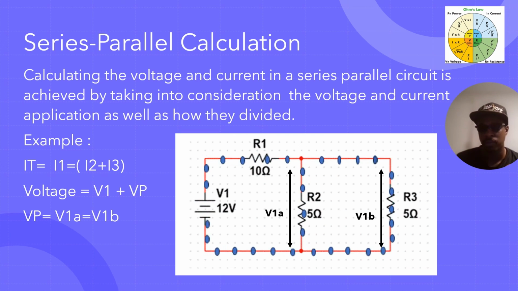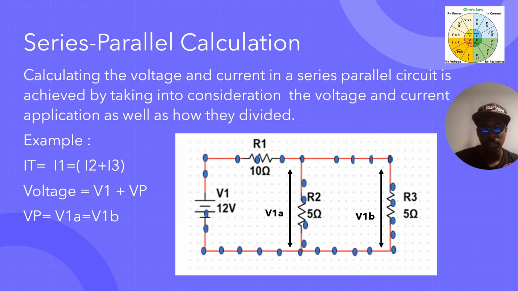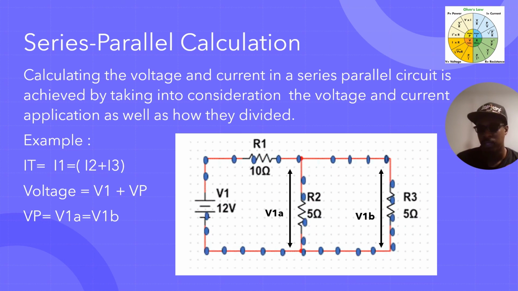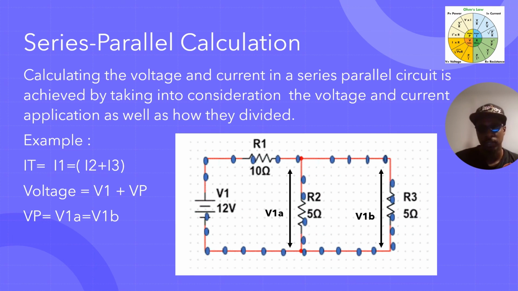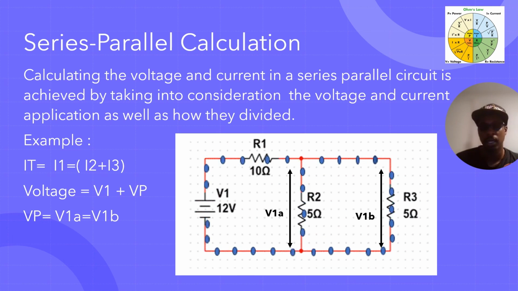That 12 volts is going to be shared among the resistance in series and the resistance in parallel. So VP, which is the parallel section of the voltage, would be V1A and V1B.